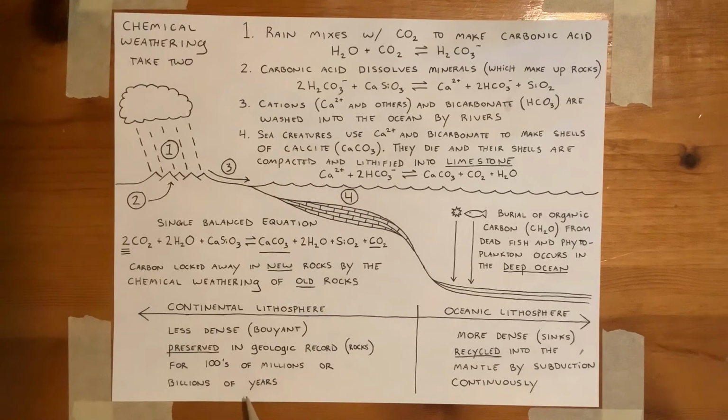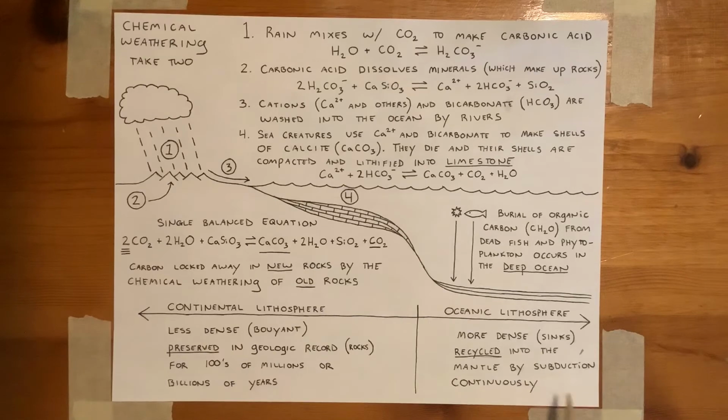But this organic carbon that gets buried on the deep ocean floor, this is deposited on oceanic lithosphere, right? And so we remember that oceanic lithosphere is more dense than continental lithosphere. It sinks or subducts, which means that this carbon that's buried down here is ultimately going to be recycled back into the mantle by subduction.